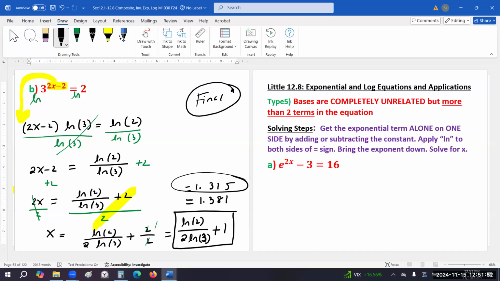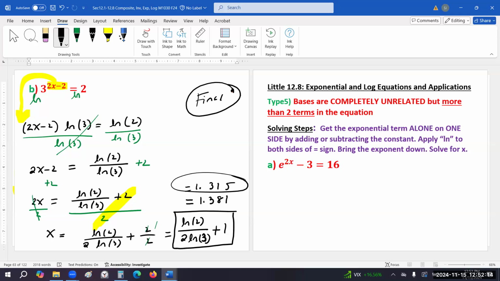When you have 3 things, first you must combine 2 of them, because we want to have 1 exponential term on one side and 1 thing on the other side of the equal sign. We don't want to have 2 things on one side of the equal sign. We want 1 thing on the left and 1 thing on the right side. So this is our first step.